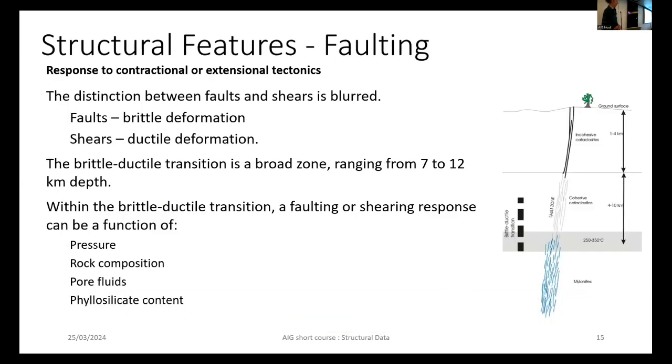Faulting, as I was saying, if you're near surface, let's say down to 8 or something kilometers, you're in the brittle zone. This is all depending on moisture, pressure, rock composition, and phyllosilicates, which is the same as moisture. So there's a zone in between, underneath that, which is called the brittle ductile zone, where things can either break or be ductile. And below that, you're in the ductile domain.